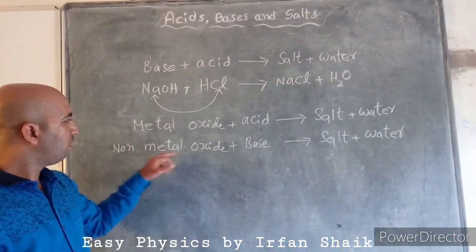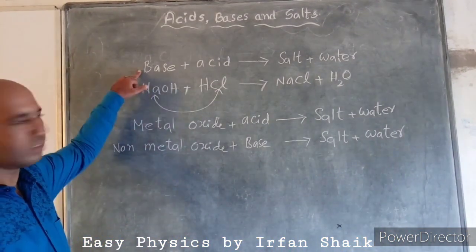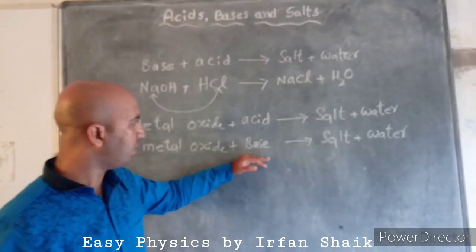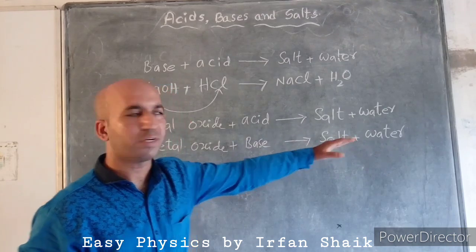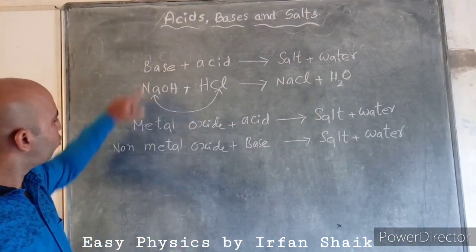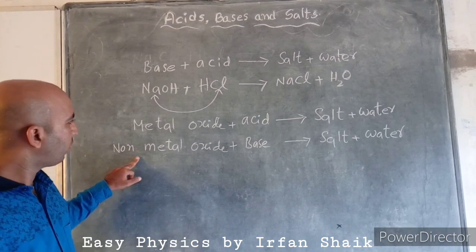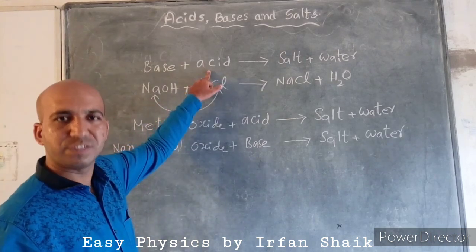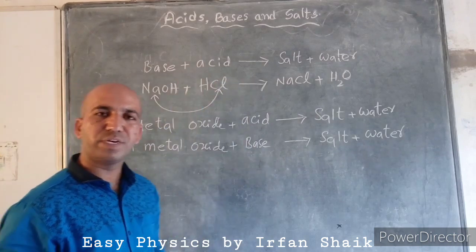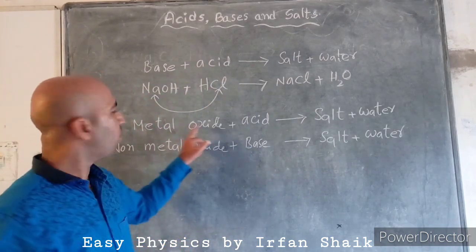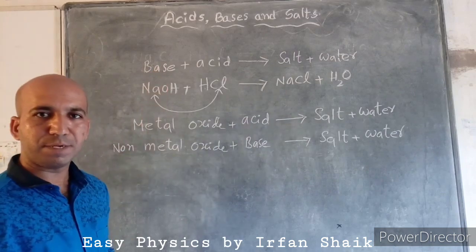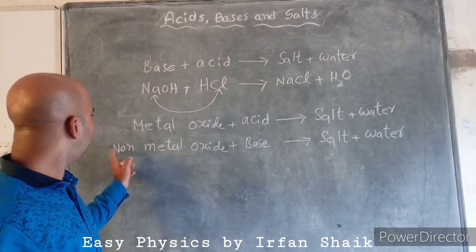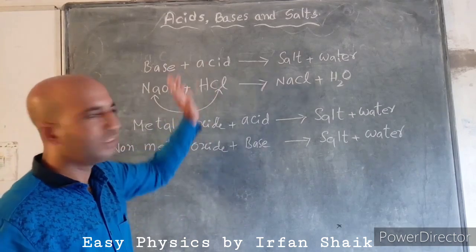So observe this reaction and this reaction. Here is the reaction between non-metallic oxide and a base to form salt and water. By observing these two chemical equations, we can say that the nature of the non-metallic oxide is acidic. So by this we can conclude that metallic oxides are basic in nature and non-metallic oxides are acidic in nature.